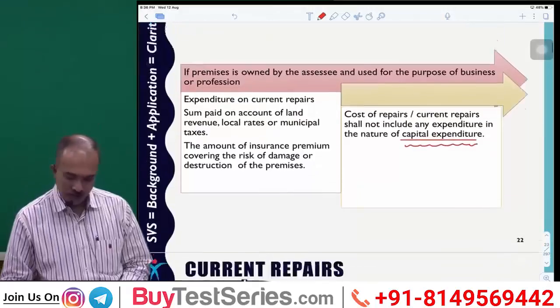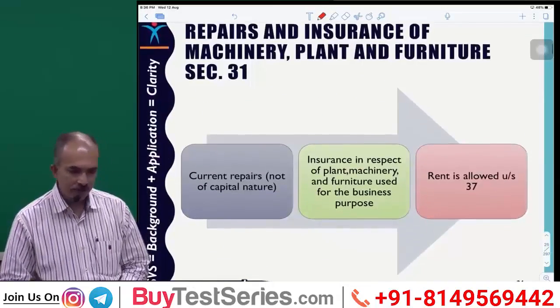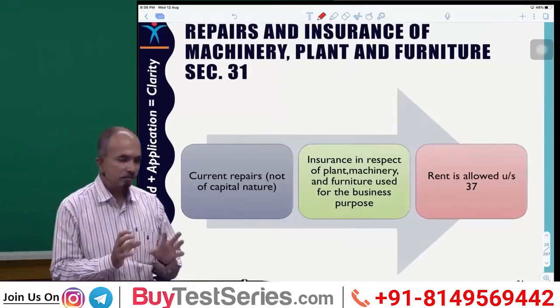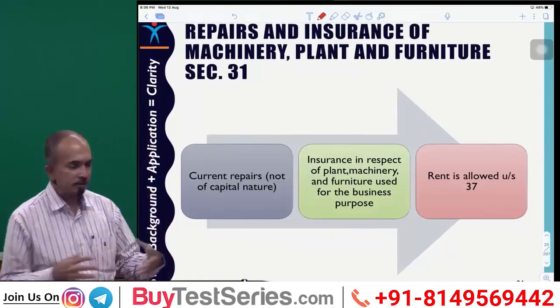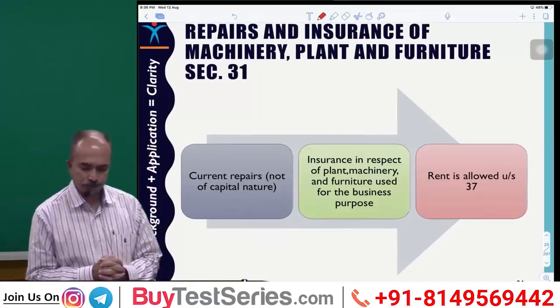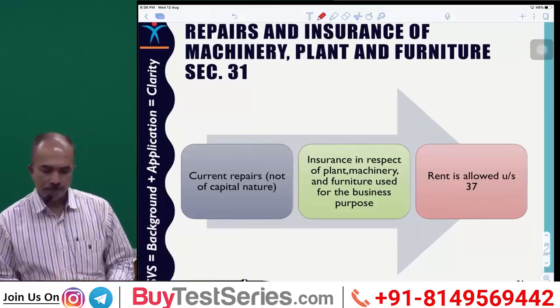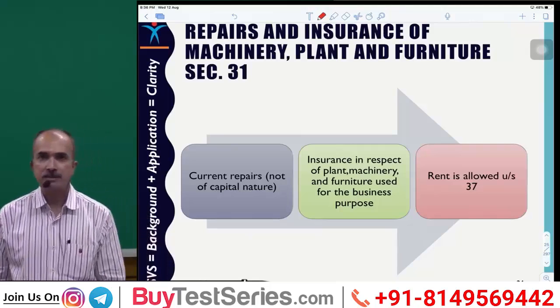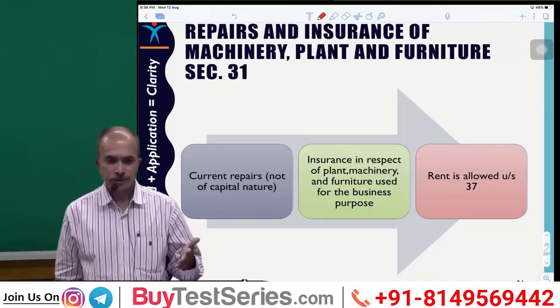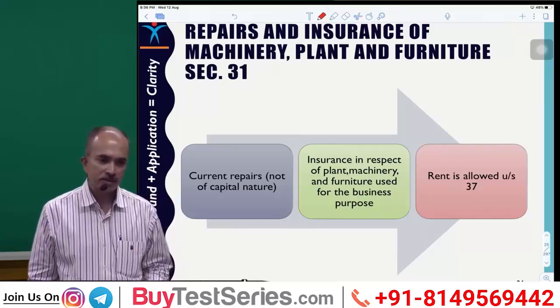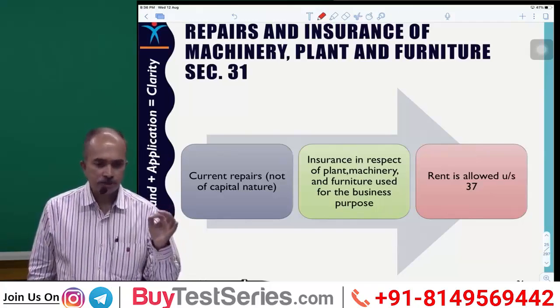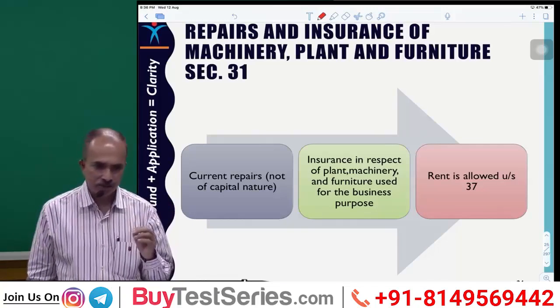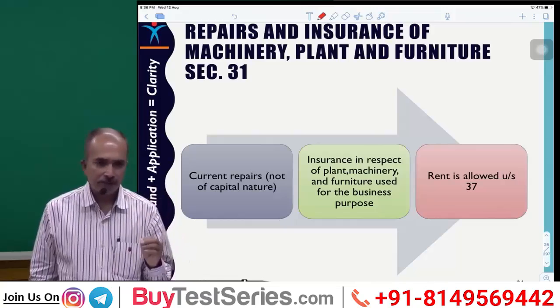Now, let me first go to section 31 and then I'll come back to this some very interesting discussion because that discussion is common to both. Section 31 talks of other business assets, repairs, insurance of other business assets. I have plant, machinery, furniture. Time to time they may be repaired.